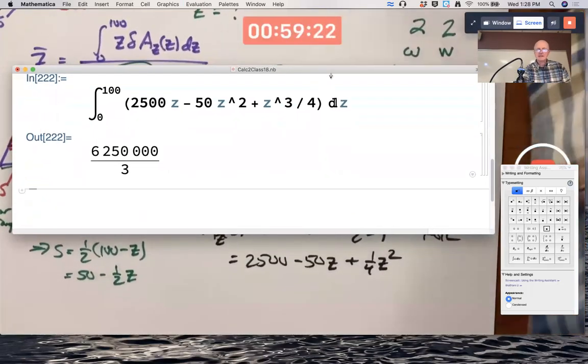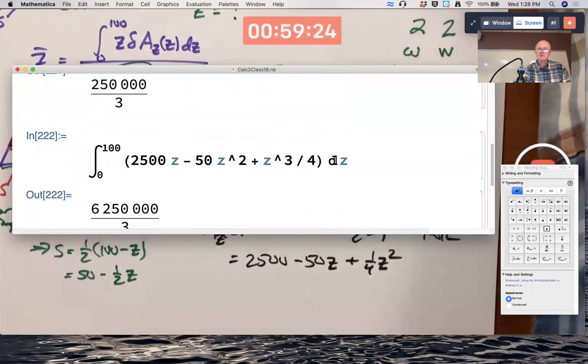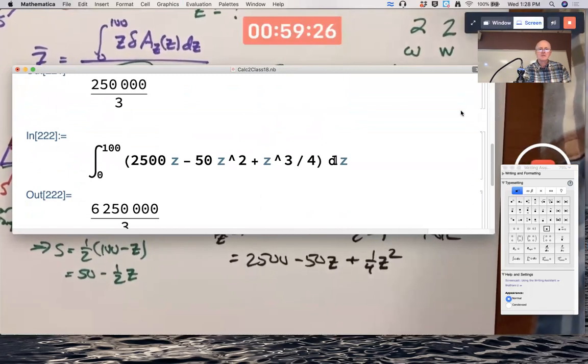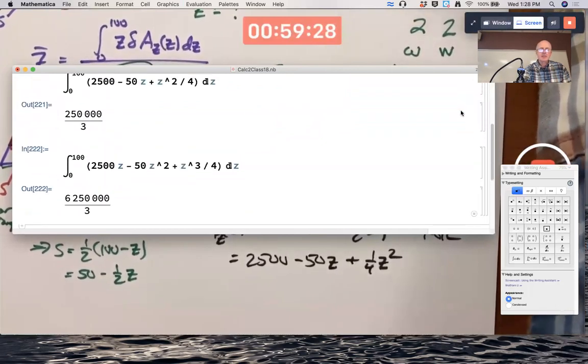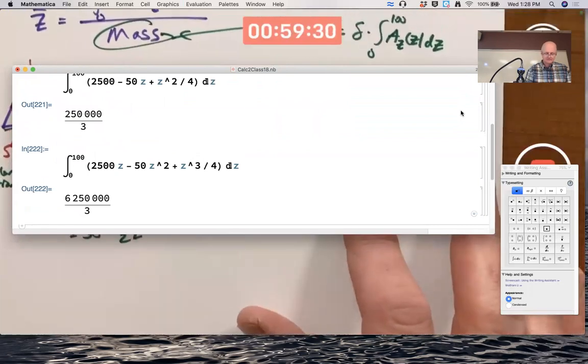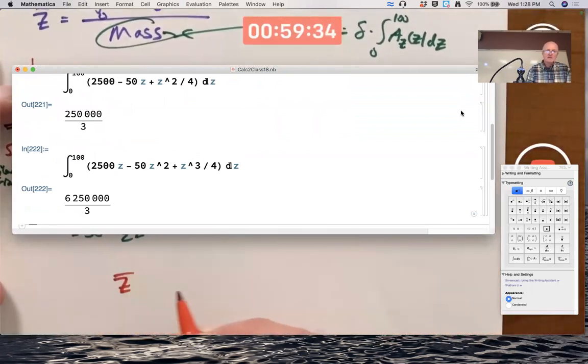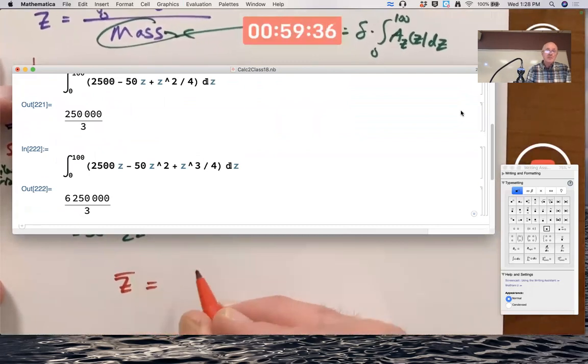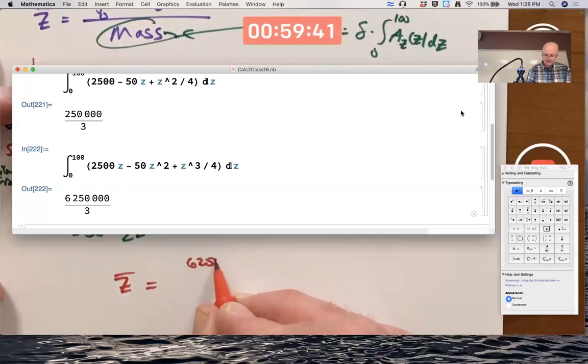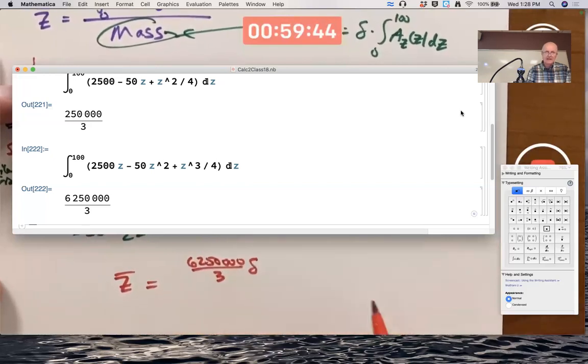So to summarize here, Z bar is going to be 6.25 million divided by 3 times delta technically. That's the moment.